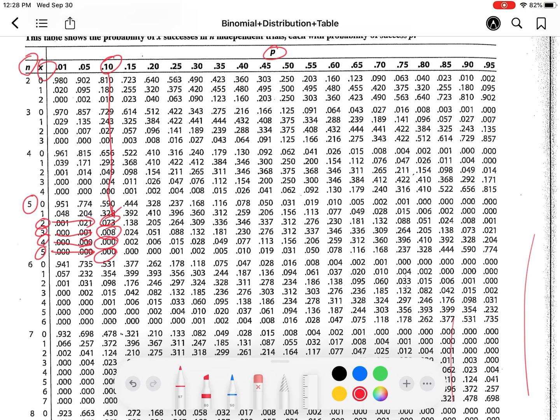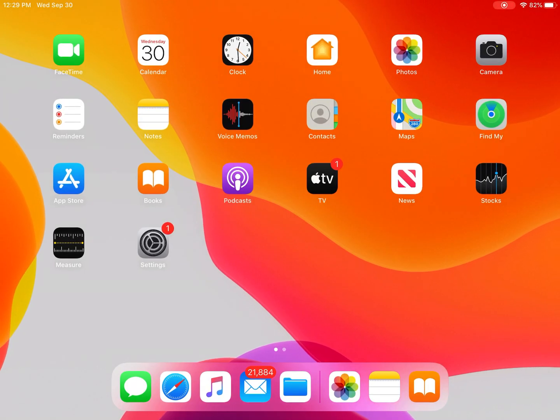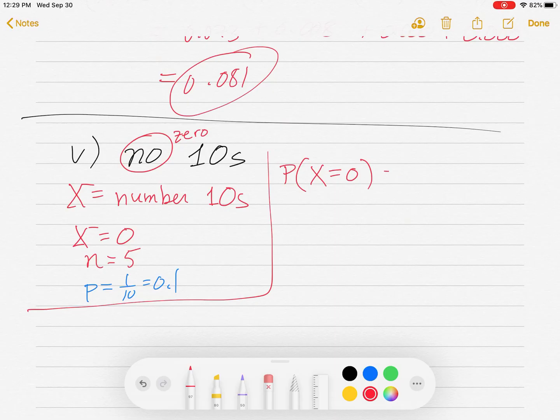Let's do that. Where is it? Right there. So here we go. n is 5, p is 0.1, x is exactly 0. 0.590.